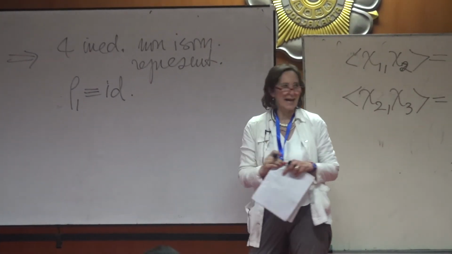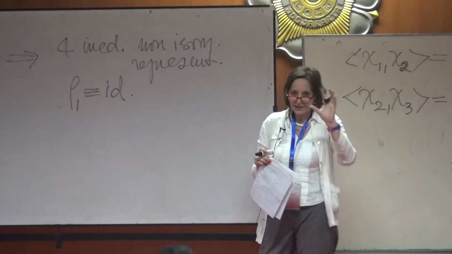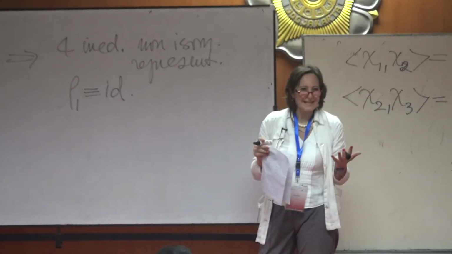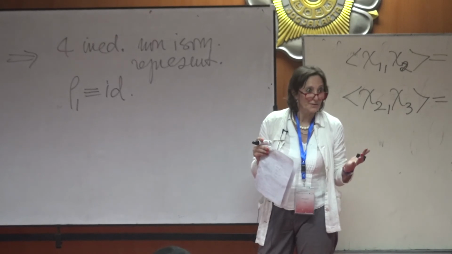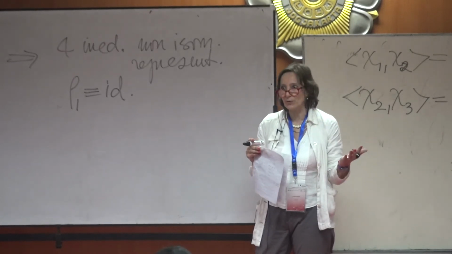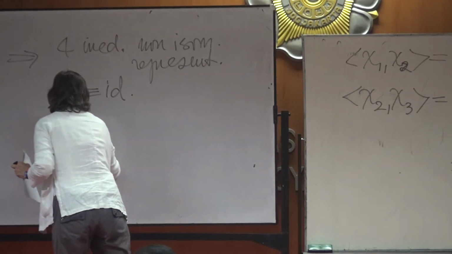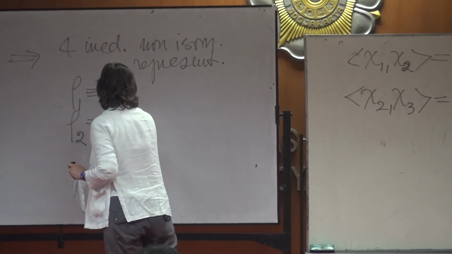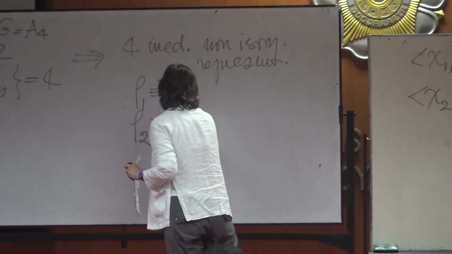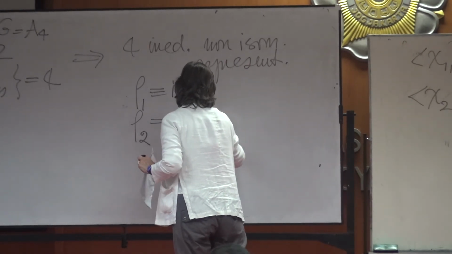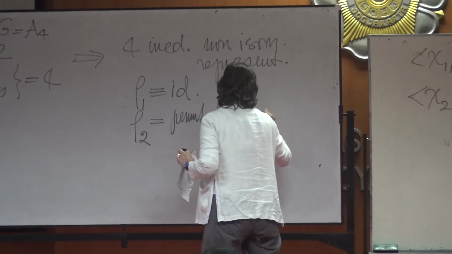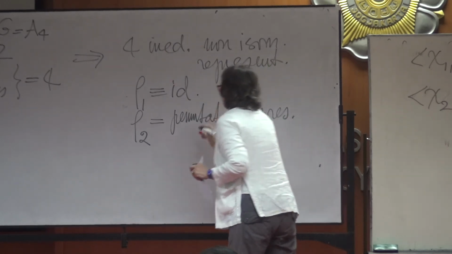Another one we can actually deduce from the permutation representation of S4. A4 is a subgroup of S4. So we take rho 2 equal to the permutation representation on C4.